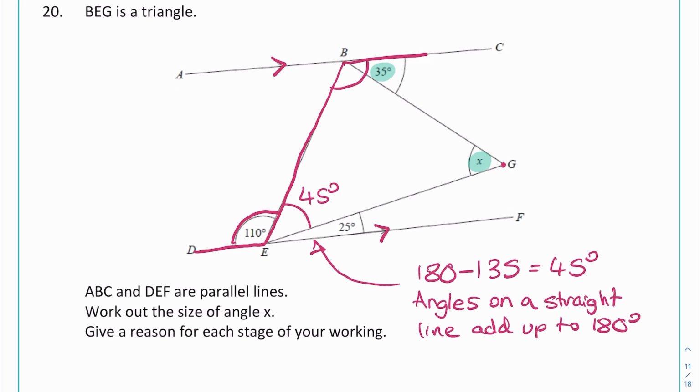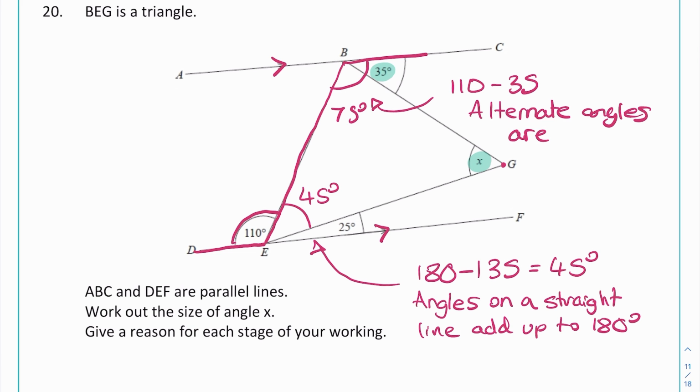So I'm going to have to do 110, take away the 35, and that'll tell me what's missing. So 110 take away 35, and obviously don't forget you've got your calculator, that adds up to 75 degrees. The reason for that was because alternate angles are equal.